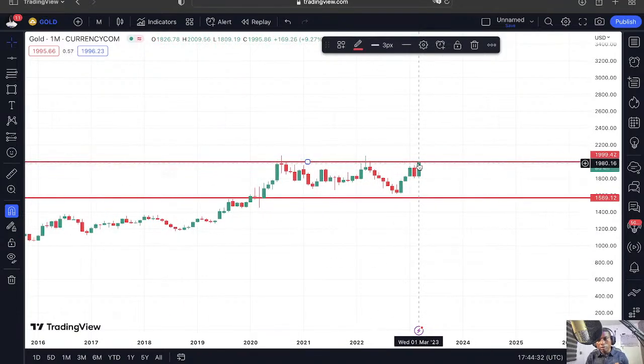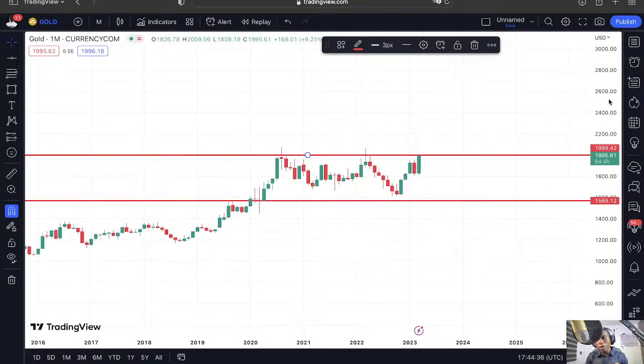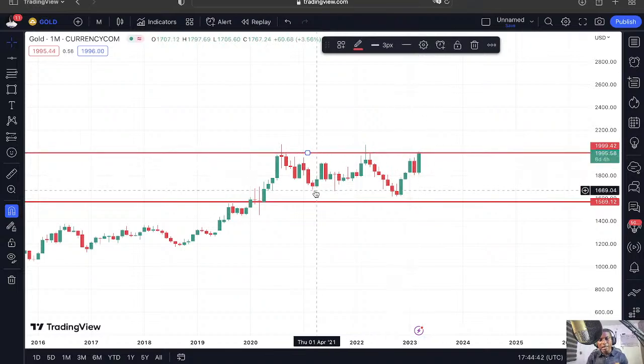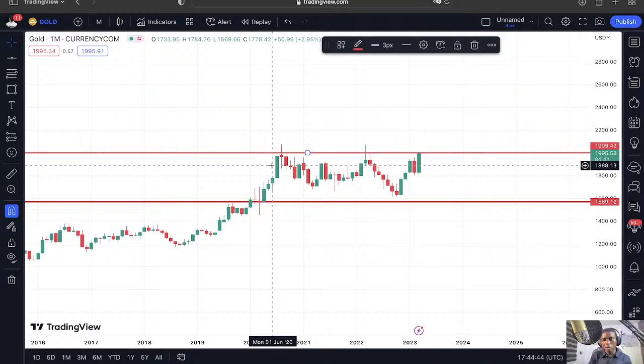So here it is now. That's why we are seeing this massive momentum coming in on the gold. You can see that gold is now even back to the level of the all-time high that it got to in 2020.